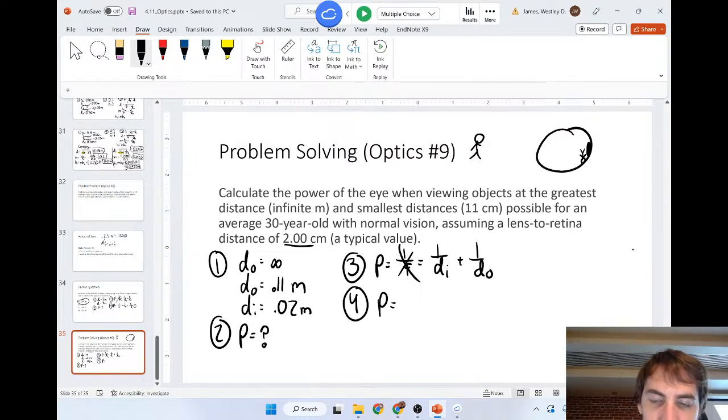So the power for something that is infinitely far away, our image distance will be 0.02 plus 1 over infinity. And you say, what's 1 over infinity? And my answer to you is technically, you can't do 1 over infinity. It has to be 1 over the limit as it goes to infinity. I'm checking that out there for those that know that, so you can feel good about it.